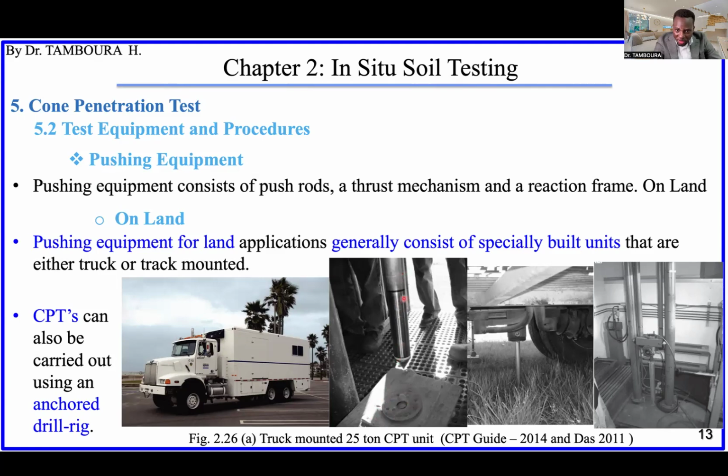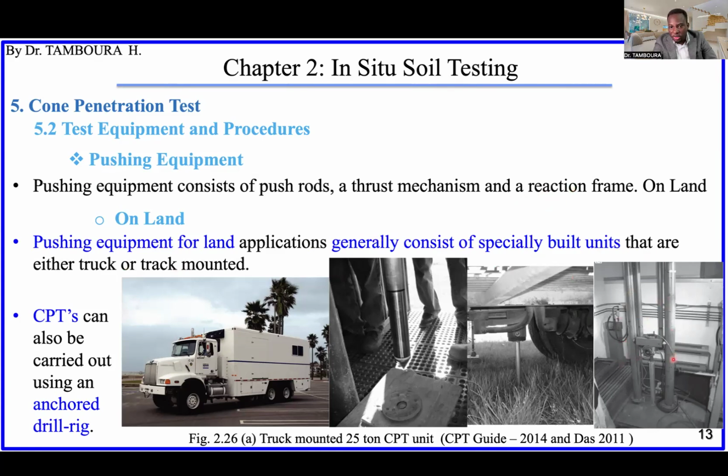The cone is passing through the hole, and you can see it out here, under the truck. The cone is coming out and being pushed through this hole. As it is said here, we need a reaction frame.